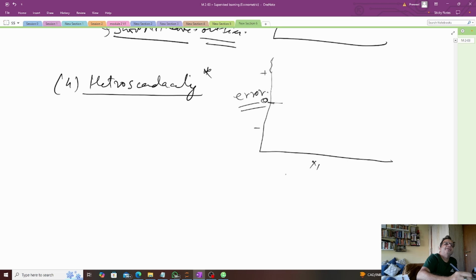The ideal case is that there is zero error, but that never happens. So your error terms will be like this, on either side of 0.